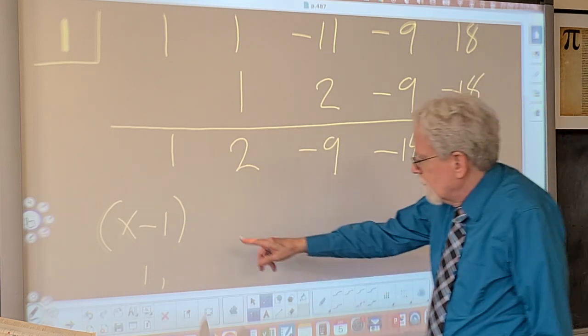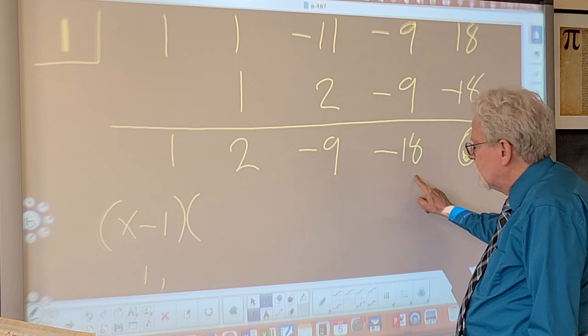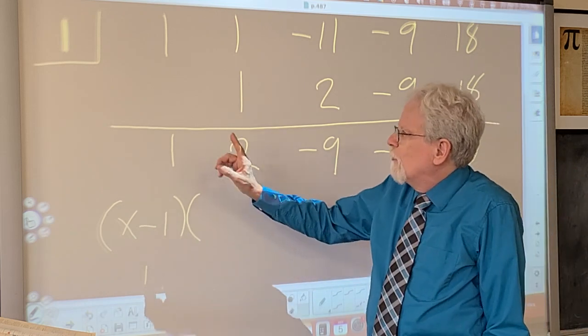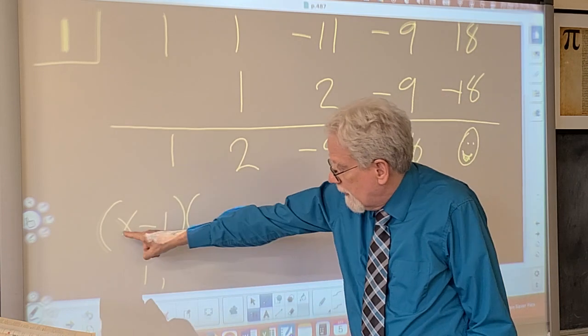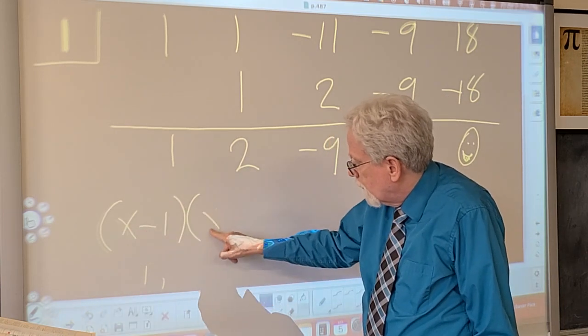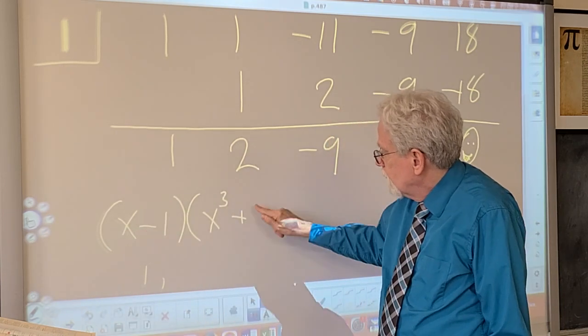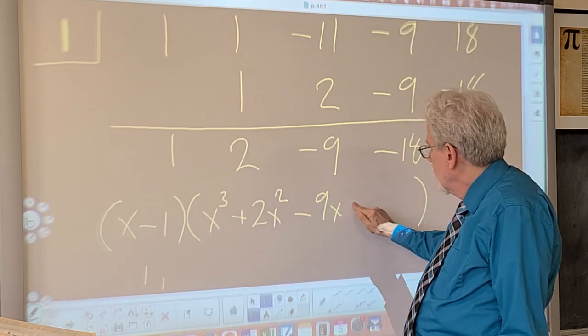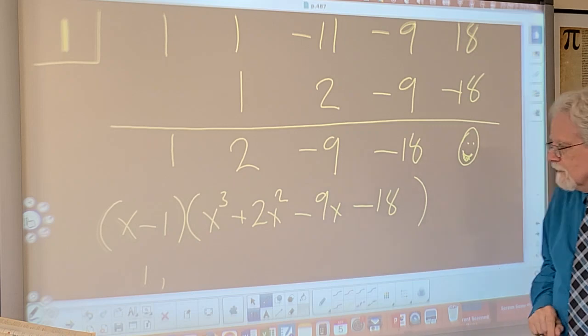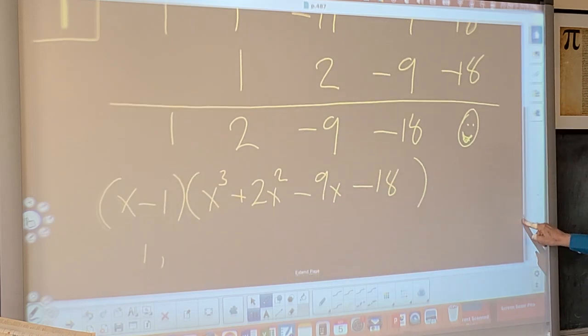This is called a partial factorization. The rest of it is, now we started with x to the 4th, and we divided by x, so this must be x to the 3rd, plus 2x squared, minus 9x, minus 18. So now what in the world do we do?